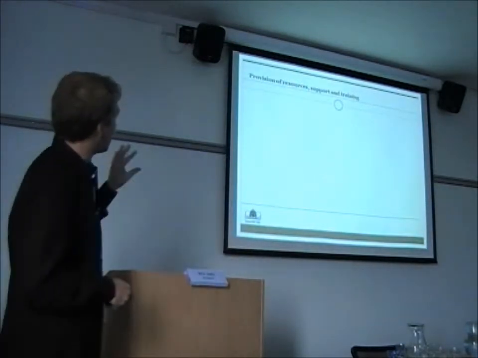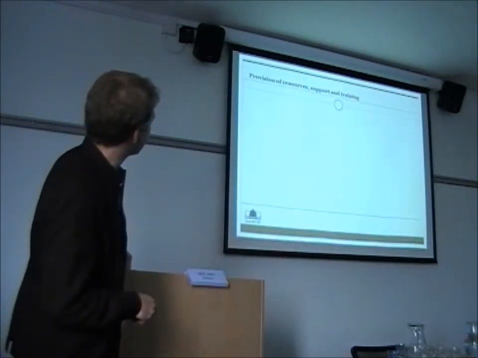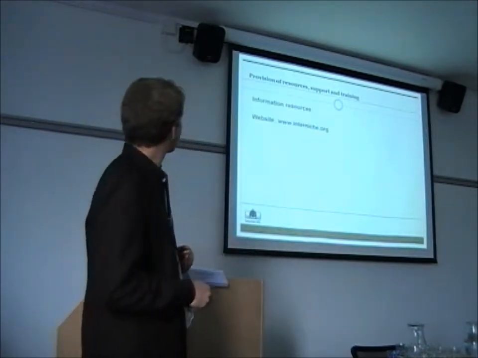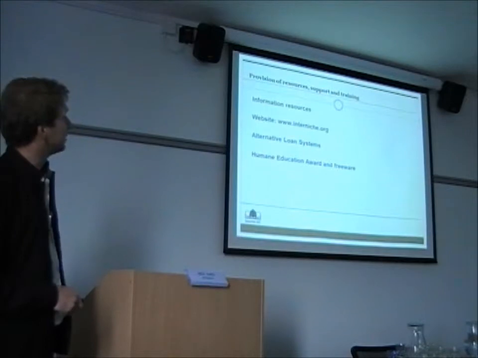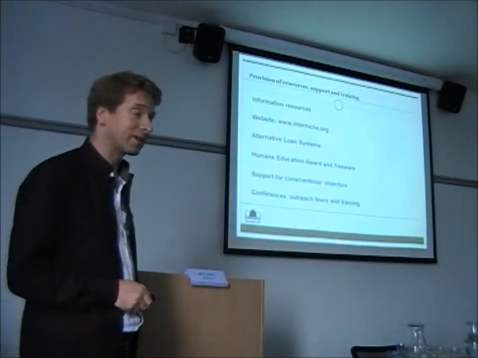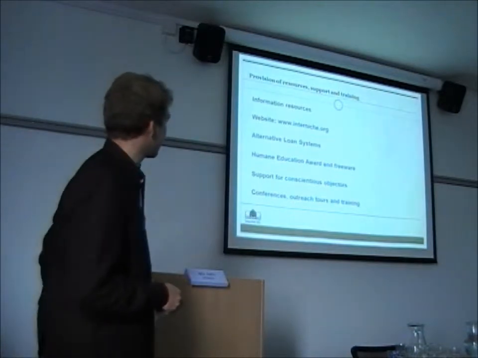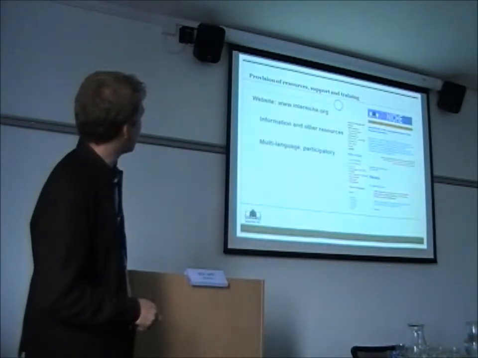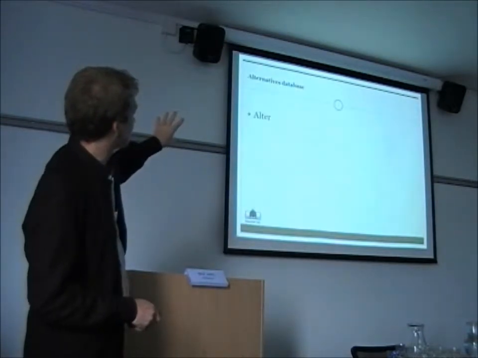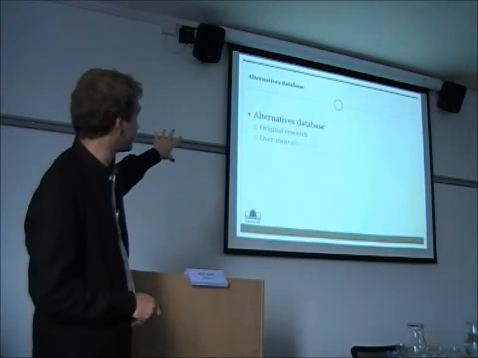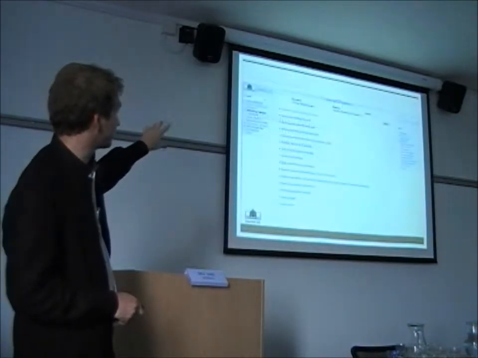Okay, I'm going to skip through the next few slides, but we provide information resources: a website, libraries of alternatives, a grant programme, we support students who object, and we do conferences and outreach tours. The website is where you can access information about alternatives through our alternatives database with over 1,000 different products.